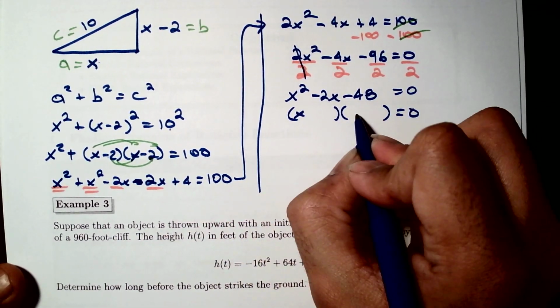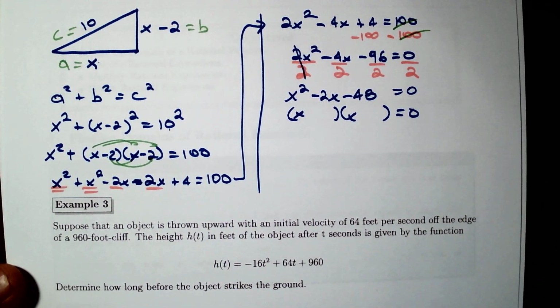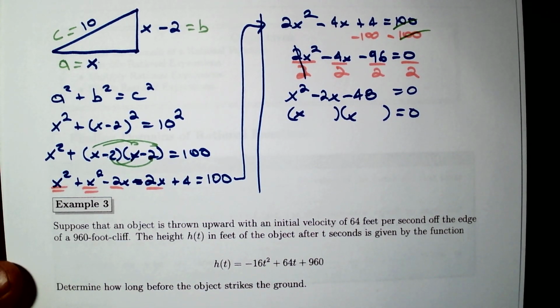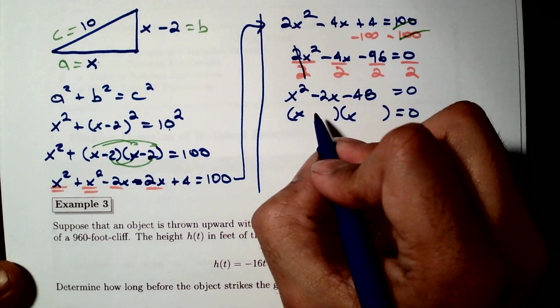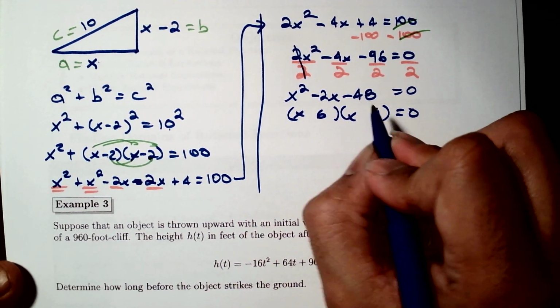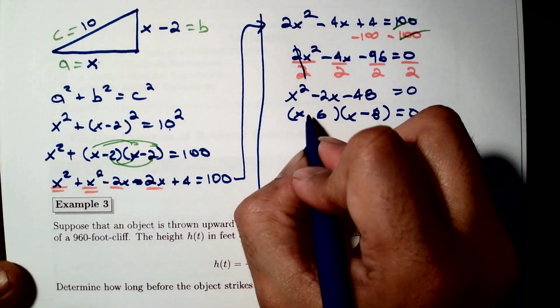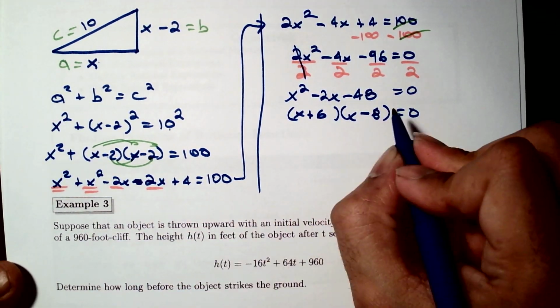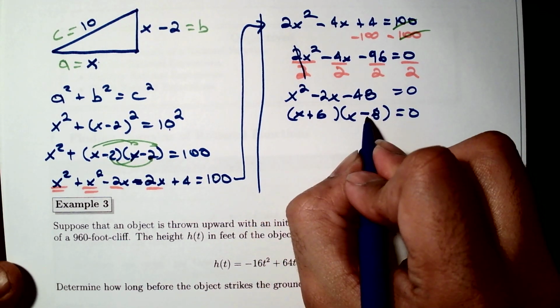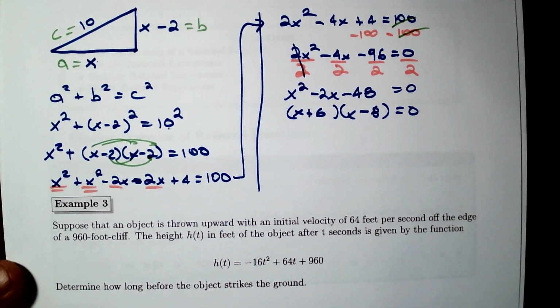Factors of negative 48 that add up to negative 2. I'm thinking of 6 and 8. However, I want the sum to be negative, so the largest has to be the negative, and the smallest the positive. Also, positive times a negative is negative.